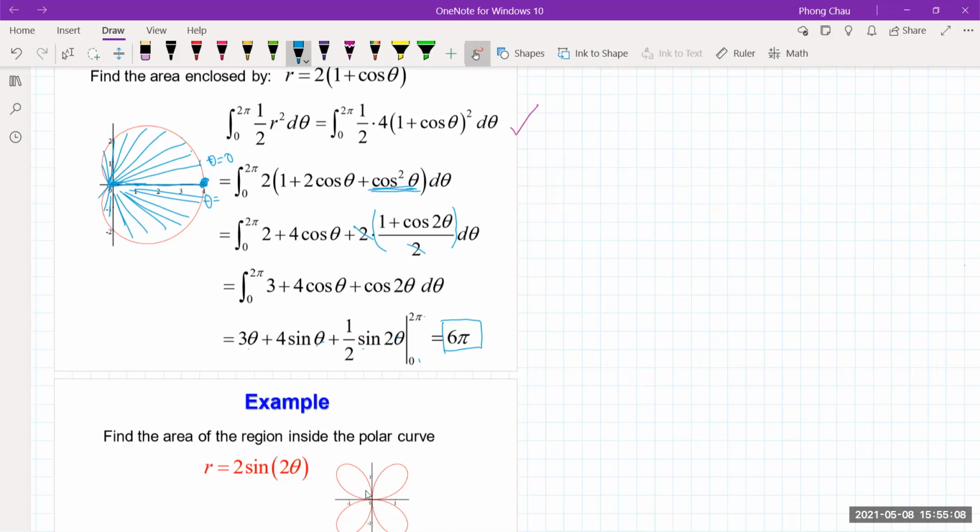Now, again, with this 4-leaf rose curve, due to the symmetry, we often just find the area of one leaf or one petal, right? And then times 4. Okay, so let's say I'm looking at this one here.